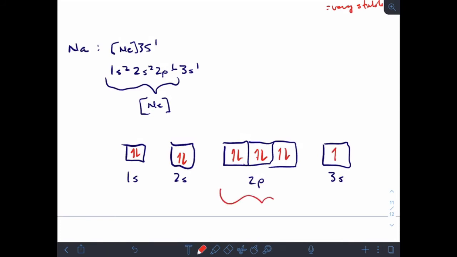All right, so notice that my 2p is a full subshell. So if I get rid of this one, I get to that full subshell.